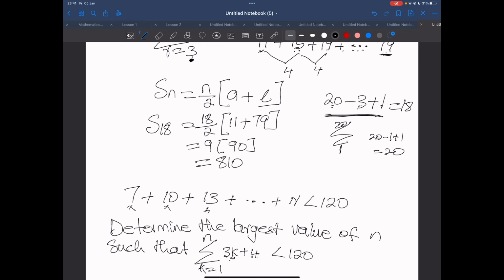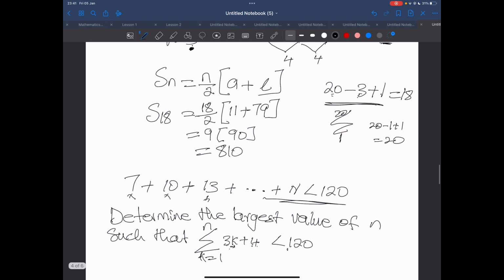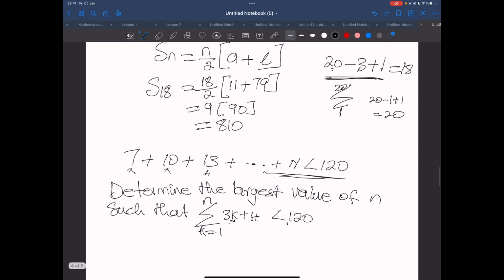So it gives us this. So we expand it and we get this expanded notation there. So now the question is the largest number of terms. We need to know how many terms we can add and get an answer which is less than 120.